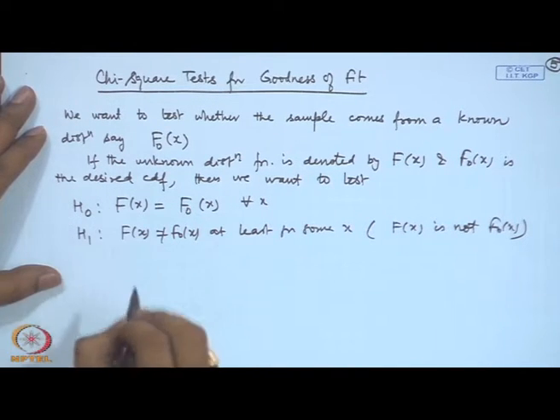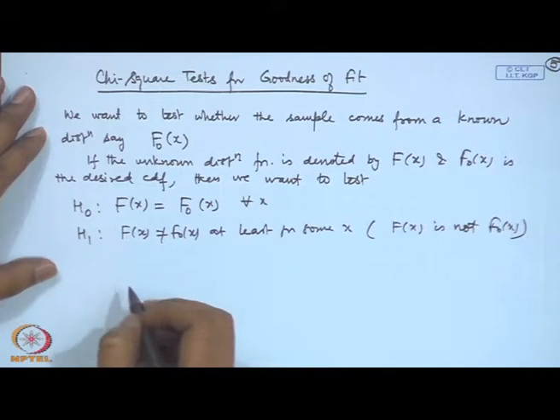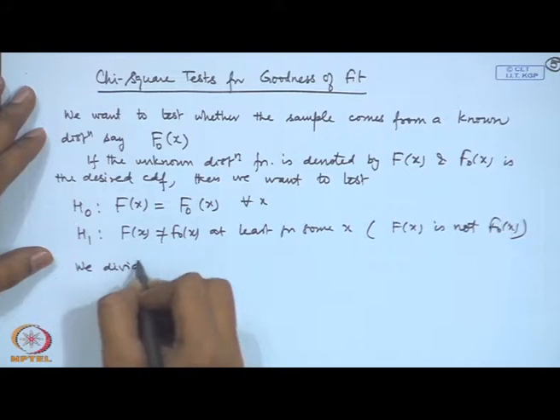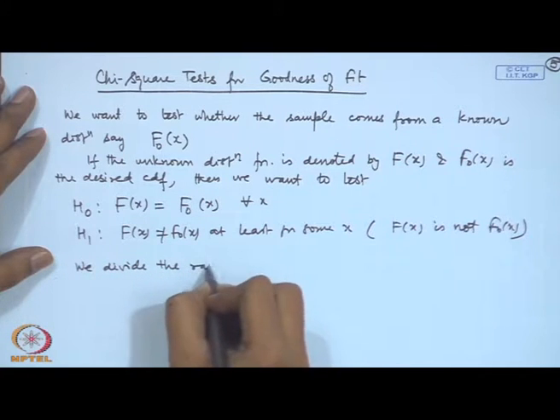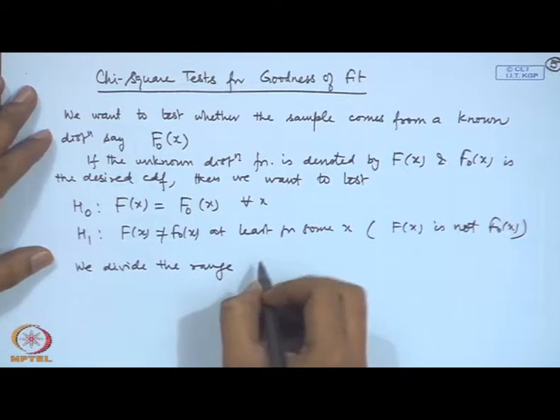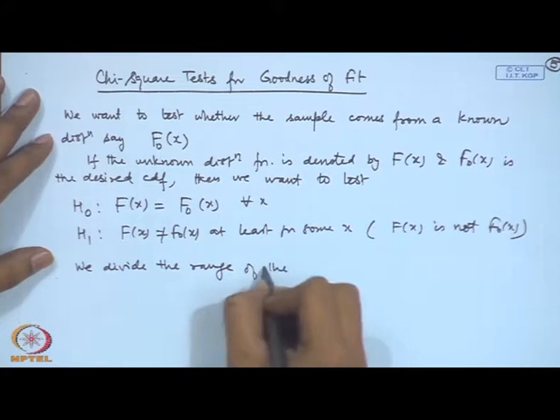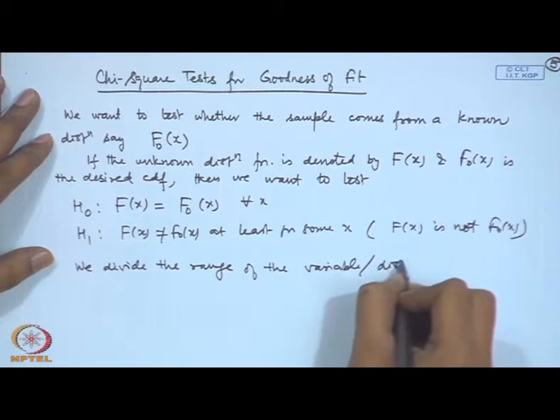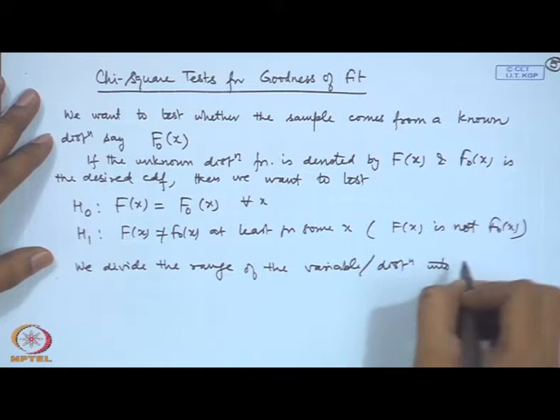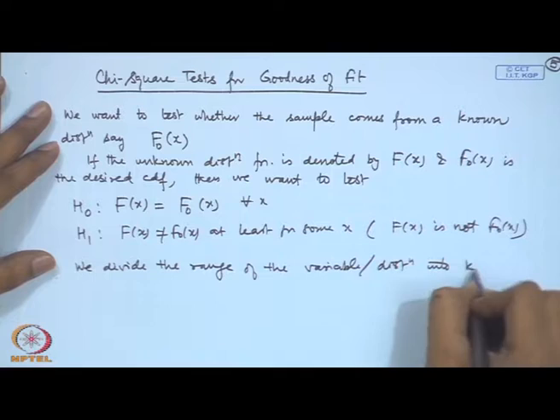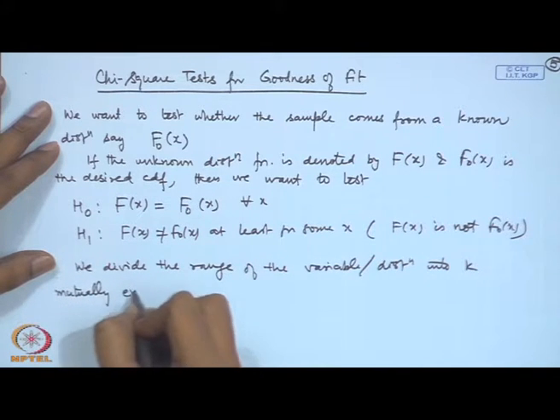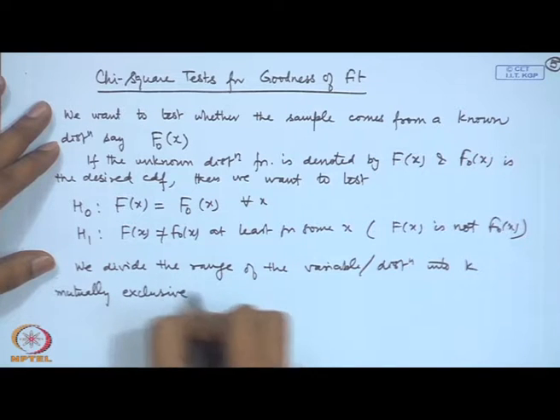In the chi-square test for goodness of fit, we divide the range of the variable or distribution into say k mutually exclusive regions.